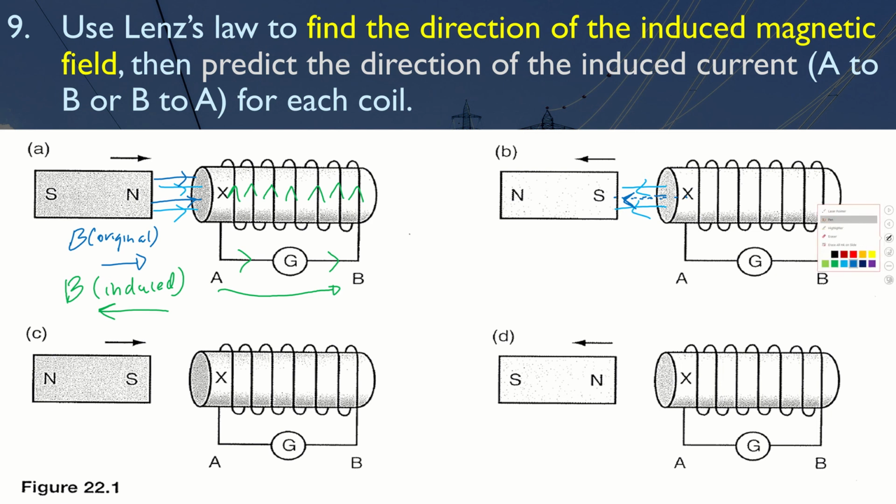So according to Lenz's law, the induced magnetic field should also point to the left, because that's the only way I'm going to recreate what I originally had. So that follows from A, then it also goes to A, G, B. Okay, and I will check the answers in a second because these ones do trick me as well, so we'll see if I am correct or not.